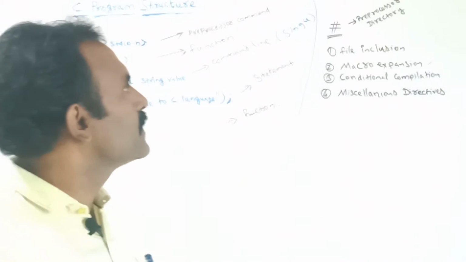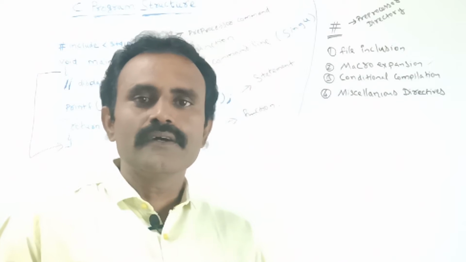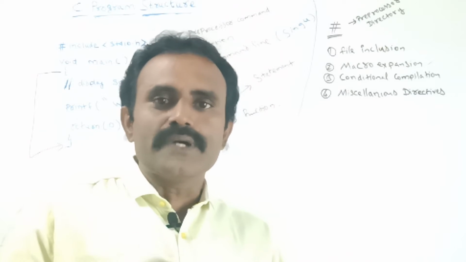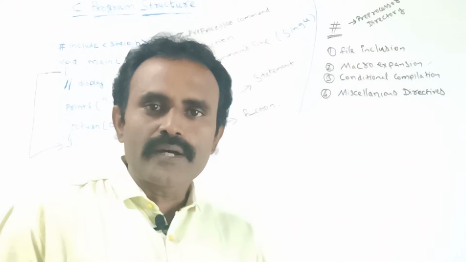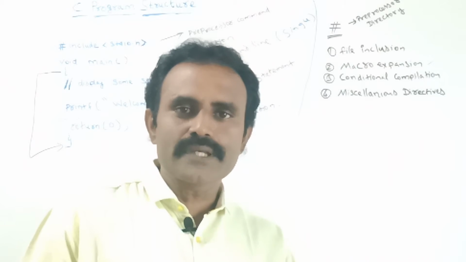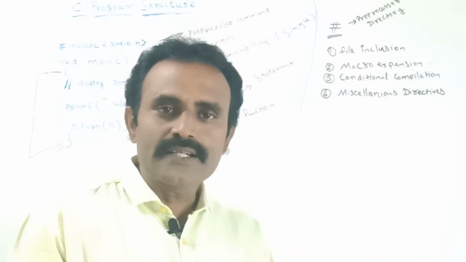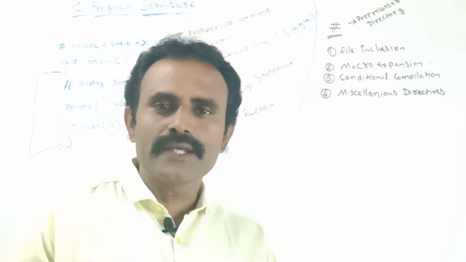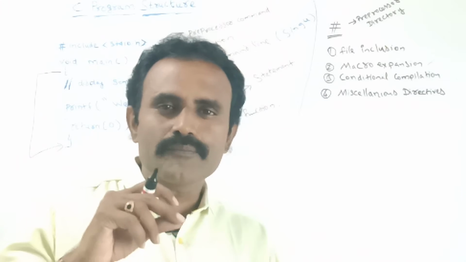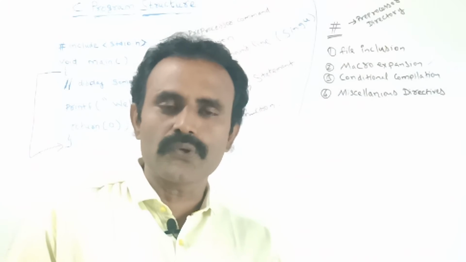This preprocessor is used to skip some part of the program in our source code. Suppose we need to skip some part, in that case we can use the conditional compilation. So the compiler will omit that part while executing the program.